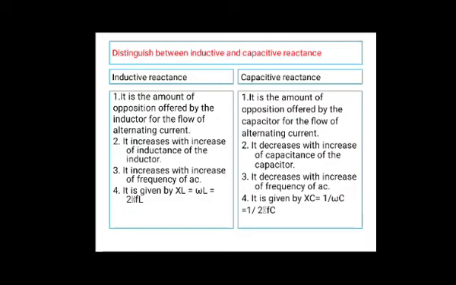Now let us see the points about capacitive reactance. It is the amount of opposition offered by the capacitor for the flow of alternating current. It decreases with increase of capacitance of the capacitor, and it decreases with increase of frequency. The expression for XC, capacitive reactance, is 1 divided by omega C. So XC is inversely proportional to capacitance.